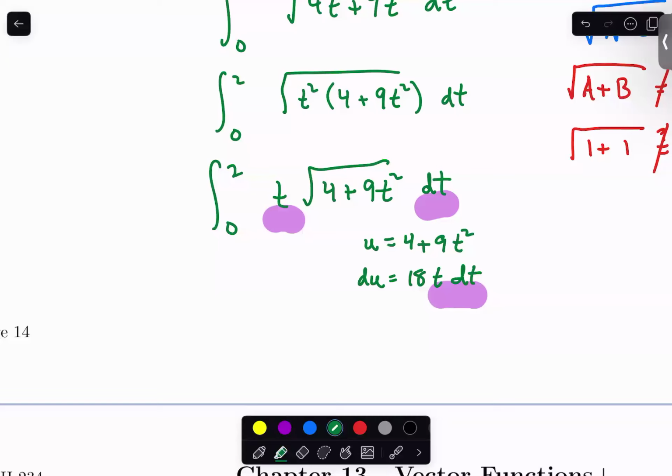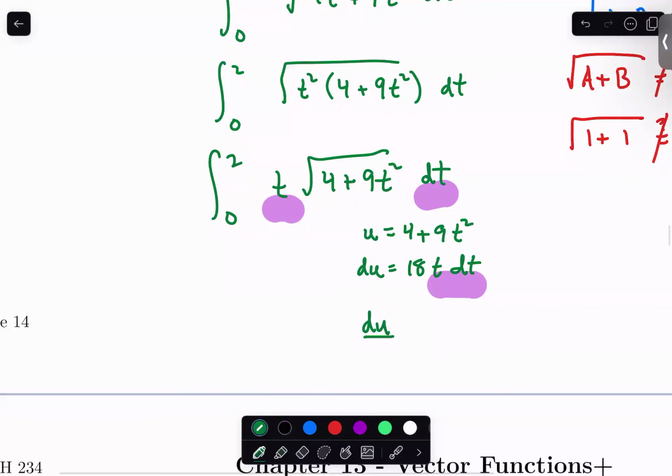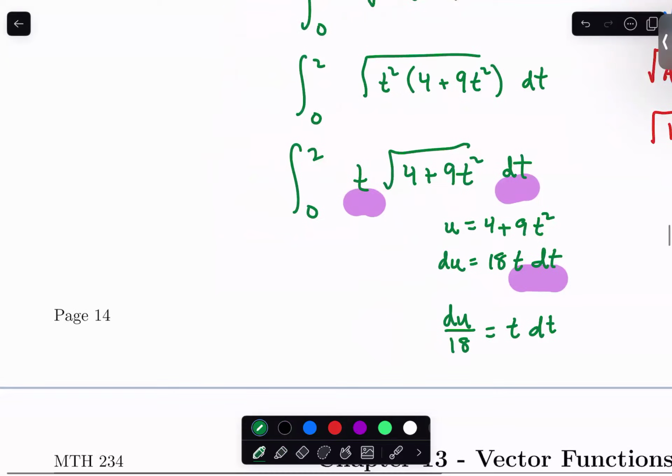So I'm going to write du divided by 18 as what I'm going to be trading for t dt. And now start substituting some of this stuff in. So this is going to be the square root of u, and then I'm going to have my du divided by 18. So that's all looking good.